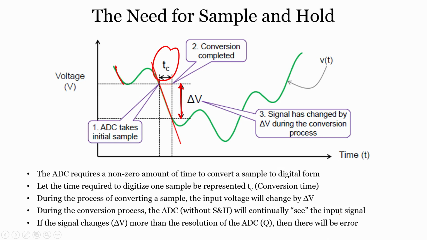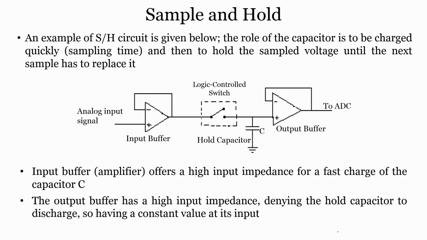But if the signal changes by more than delta V, the resolution of the ADC, then there will be error, because if you do not use sample and hold, then what you see is this signal which is going here. If the signal changes more than delta V, then it is difficult for the ADC to follow, so there will be an error. That is the importance of the sample and hold circuit.